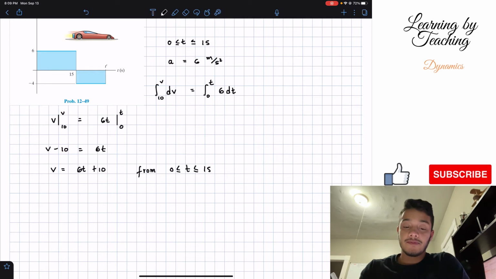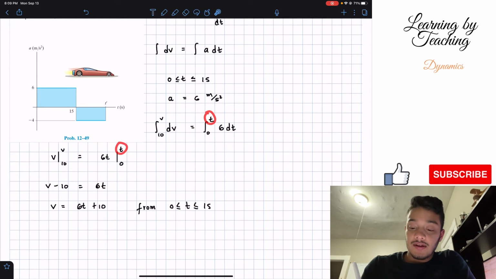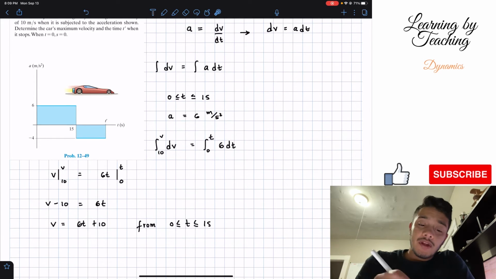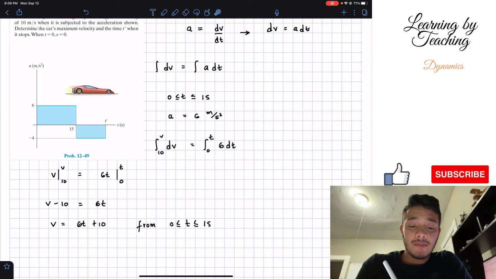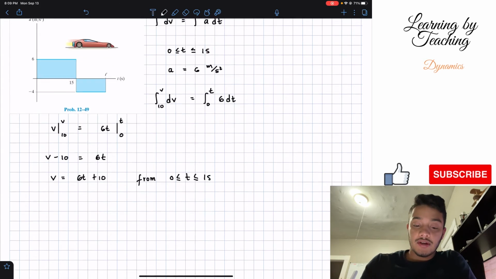For our time being 15 seconds. The reason why I put 15 in here is that that's the last second that I have in here. And what does that mean? Well, if we take a look back into our acceleration, in here is where we start braking, meaning that the maximum velocity that I'm going to find is at our 15 second mark.